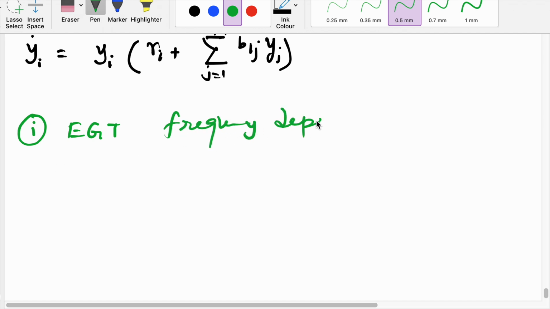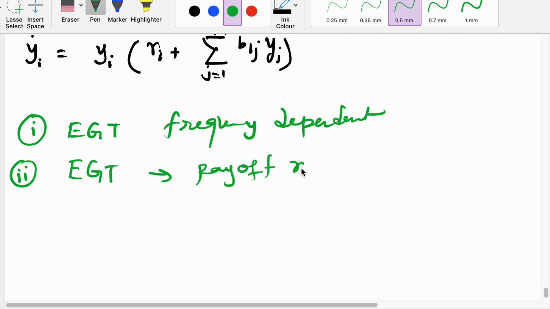Second, for classical game theory the payoff only means relative preference, but in EGT, evolutionary game theory, payoff means the number of offspring.